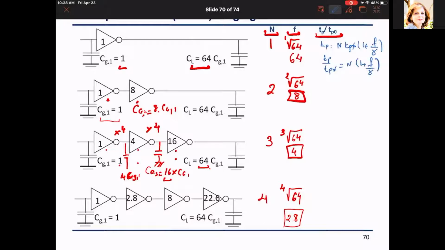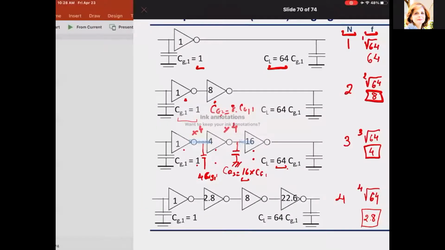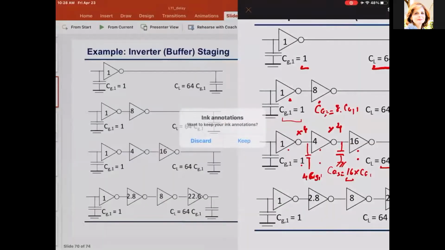Okay great. Here n equals 1 and F is 64. If we consider gamma equal to 1, then TP over TP0 will be 1 times 1 plus 1, which is 2. Okay, so let us close this and see what the slide will give me.